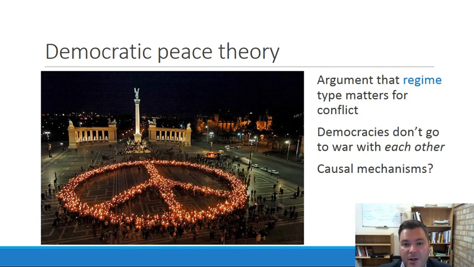And when you have popularly controlled leaders on both sides, the people are able to see, well, we have more in common with the other people in another state perhaps than we do with our leaders. So that's one proposed causal mechanism, but this is actually a hotly debated thing. This is another time when we see that there's a strong correlation, but we can't necessarily infer causation. Maybe there's something else going on causing both democracy and the relative peace between democracies.